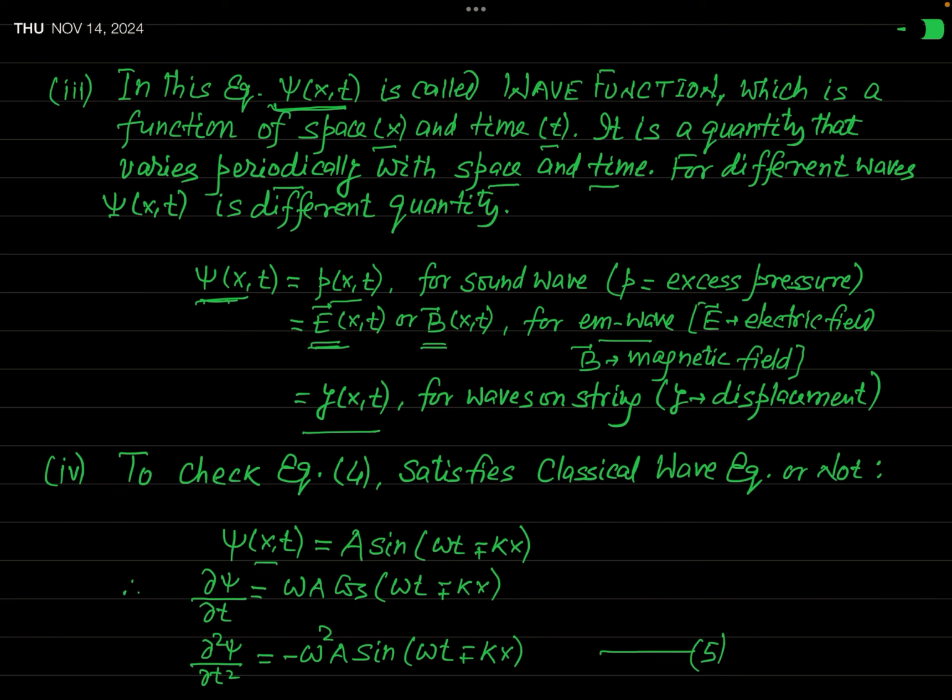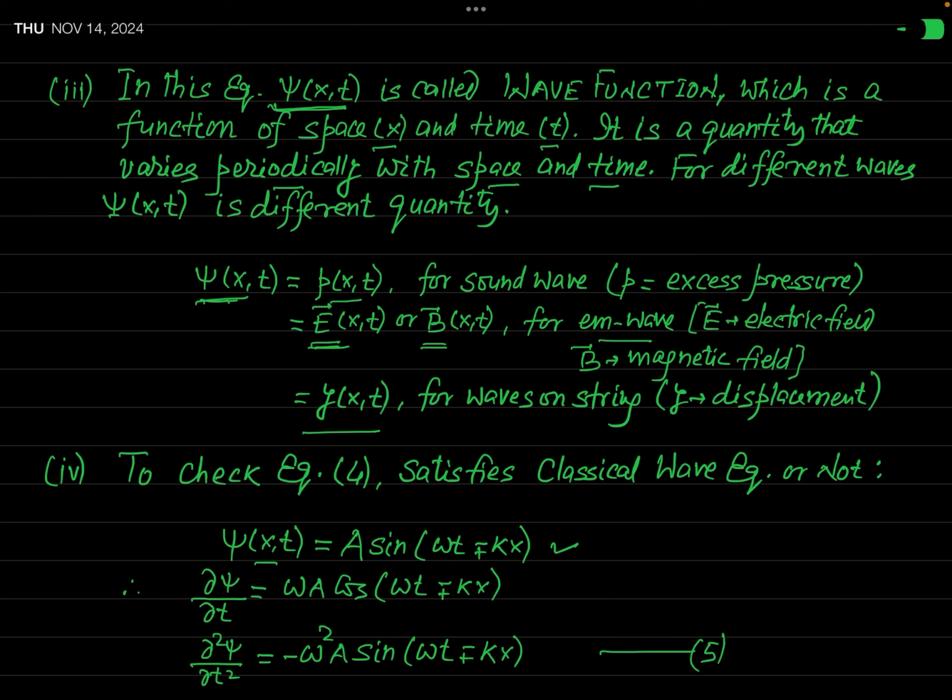You know, psi of x,t is given by a sine(omega t minus/plus kx). Now find the second order derivative of this psi with respect to t partially, because you can see psi is a function of two independent variables x and t.